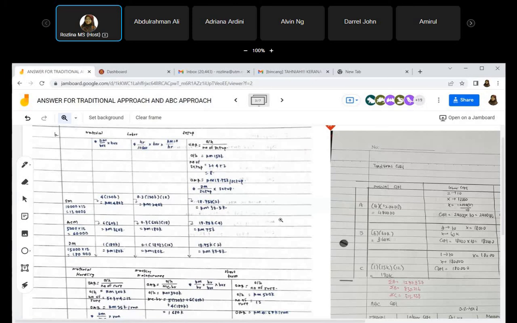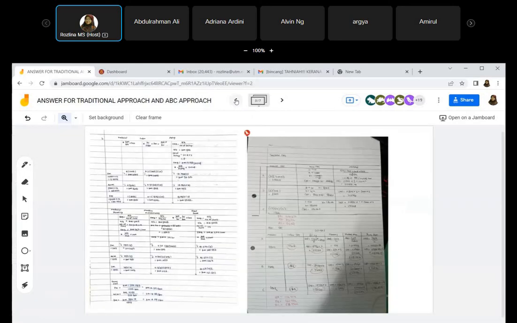Overhead. Oh, this one is traditional. This one is ABC. Okay, anyone maybe from traditional? Okay, I will look at this. Oh, there is traditional. Okay, sorry.